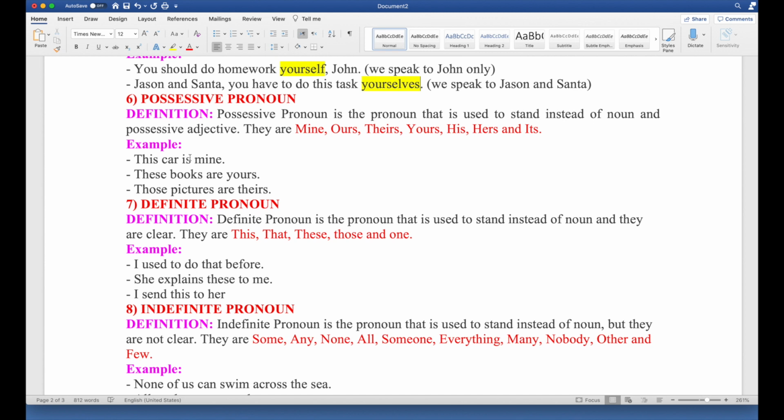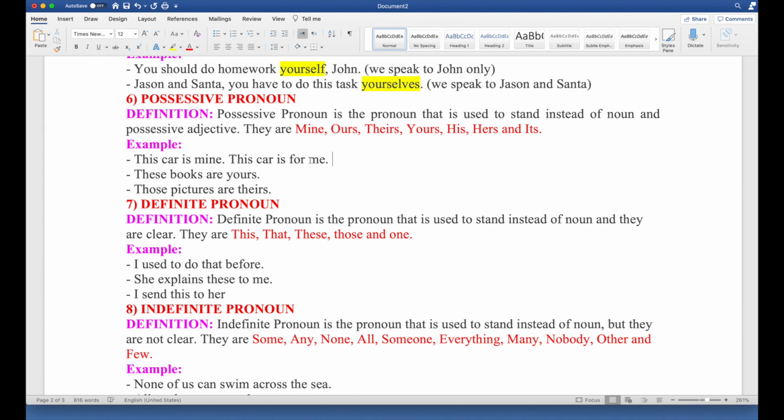Okay? This car is mine. These books are yours. Those pictures are theirs. It shows me that the pictures are for them. So it kind of replaces, it stands instead of a noun and possessive adjective. So we would have said, this car is for me.